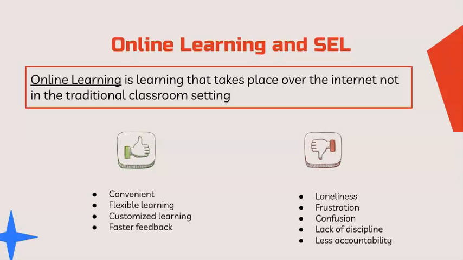The definition for online learning is learning that takes place over the internet and is not in a traditional classroom setting. Now, online learning has many pros and cons. The positive aspects of online learning are that it is convenient, provides flexible learning environment, customized learning, and allows teachers to give faster feedback to their students.